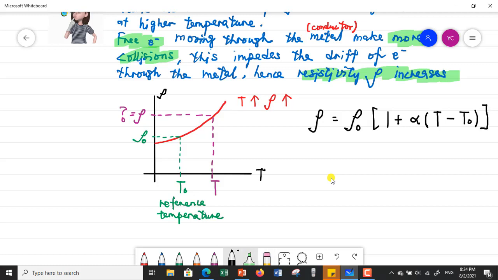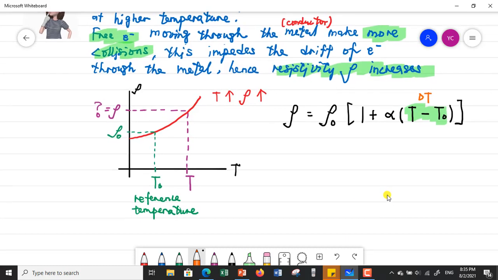This value is also what we call the change in temperature. When temperature increases, our resistivity increases. So what is the final value of resistivity at temperature T? We can calculate using this equation.